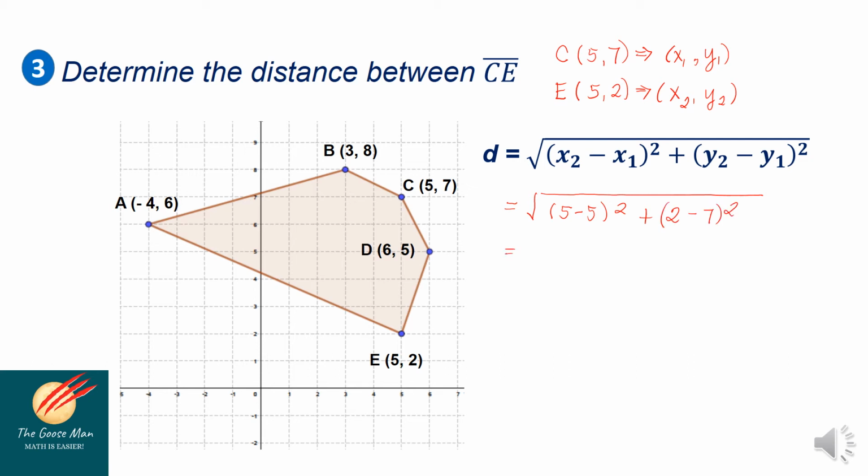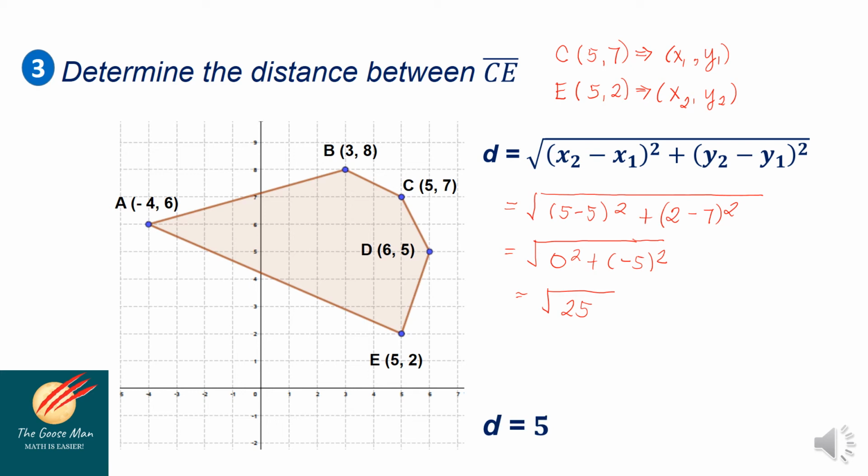So let's simplify. We have the square root of 0 squared plus negative 5 squared. The square root of 0 squared is equal to 0, plus negative 5 squared is 25. So therefore, the distance is equal to 5.